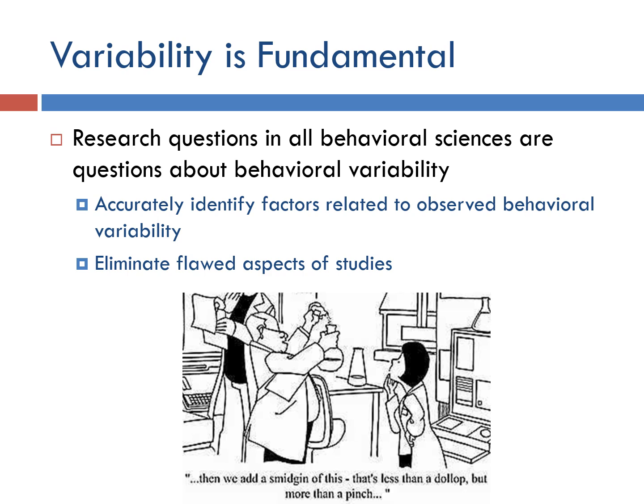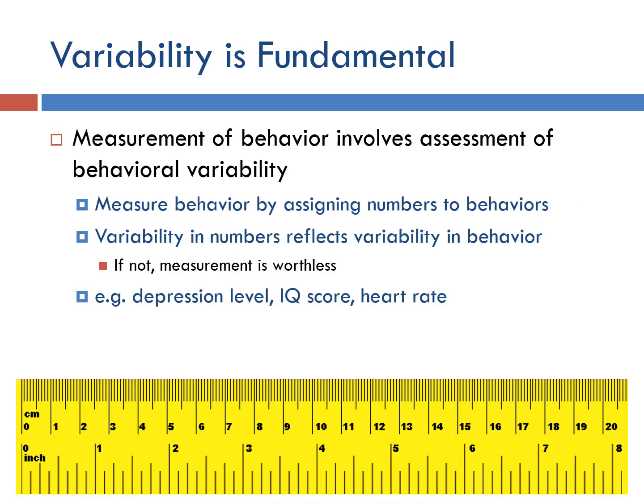So things like add a smidgen and a dollop and a pinch, well, what do those mean? Those are confusing. Those aren't good definitions. We are trying to improve that so that when we measure variability, we know exactly what we are measuring. And in this measurement process, we are going to use numbers. Measurement of behavior involves the assessment of this variability, and we are going to assign numbers to that variability.